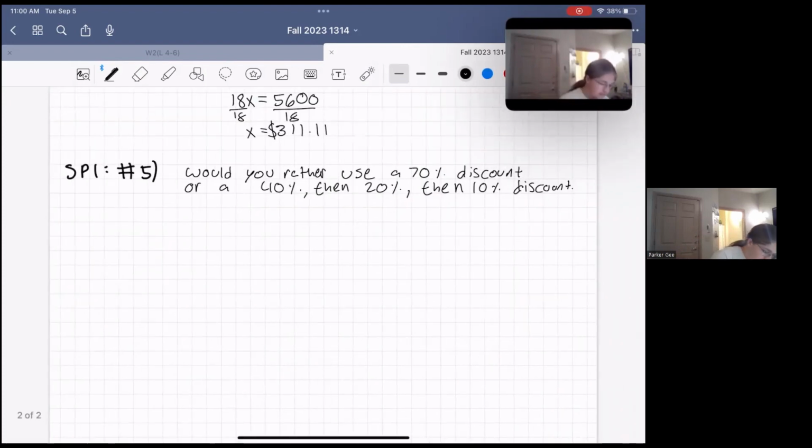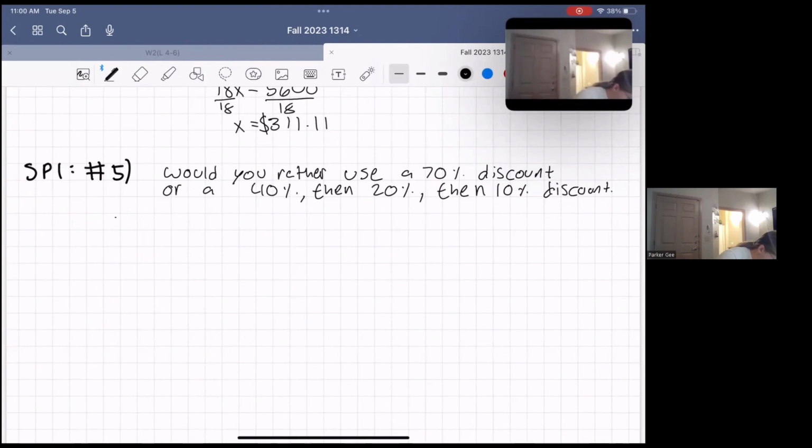Again, this is just a number that I made up. You could use any number. I use 200 because it's a nice, whole, even number. So $200 times 0.3, because if it's discounted 70%, that makes our price 30% of the original.